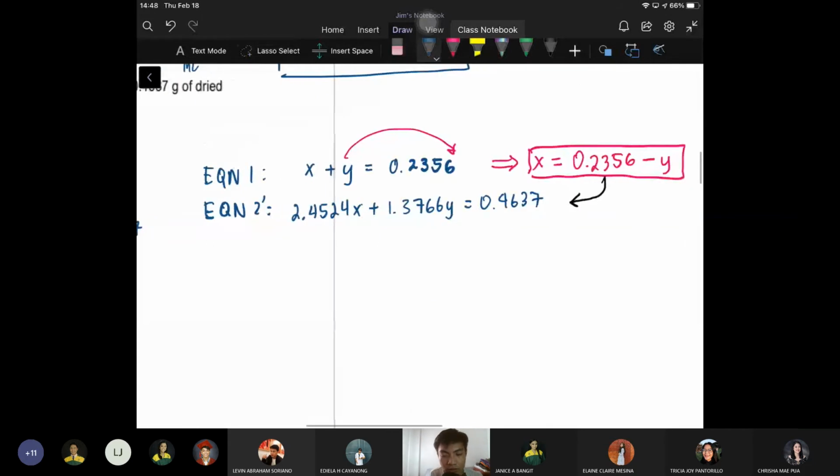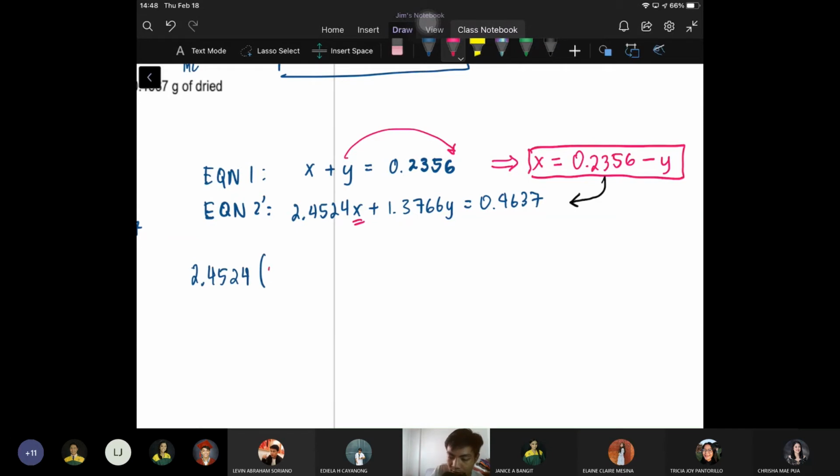So let us substitute the value of x we obtained from equation 1. So, paano yun? Plug in mo lang siya sa x. Ito yan, papalitan natin yan. So that will be 2.4524 times the value of x, which is this one.